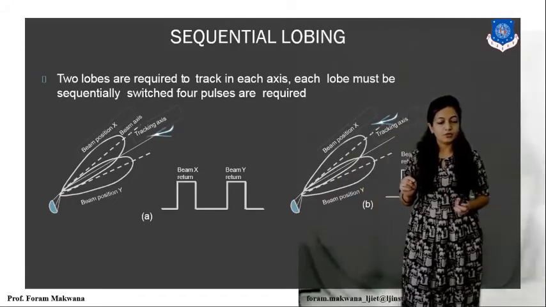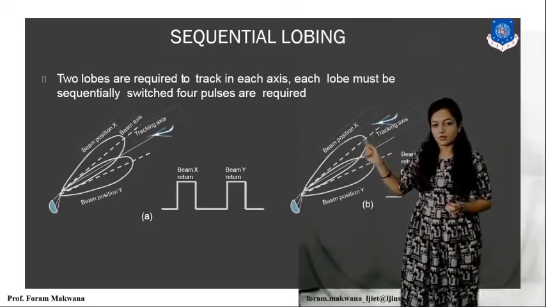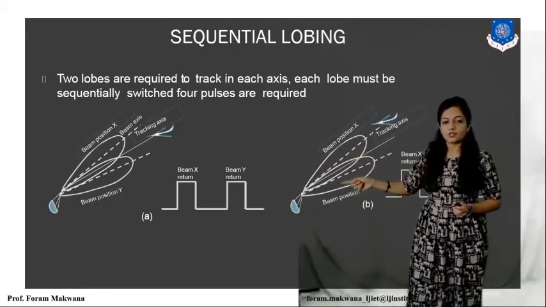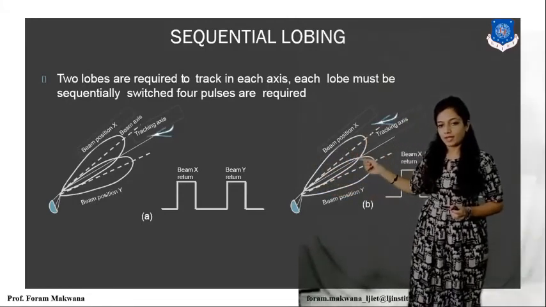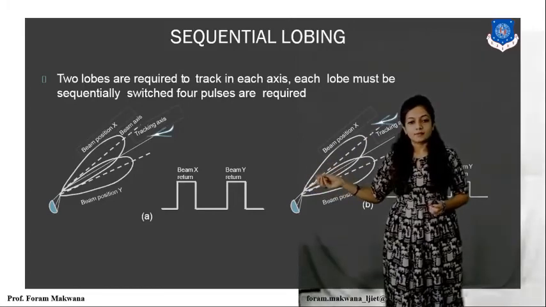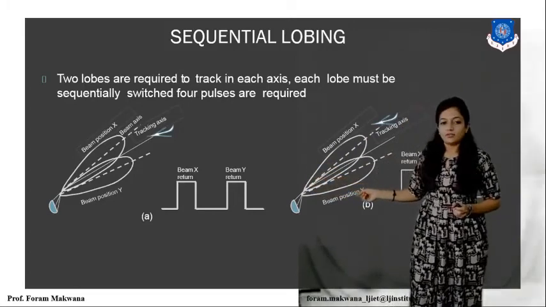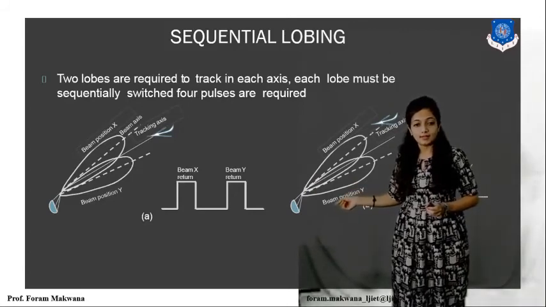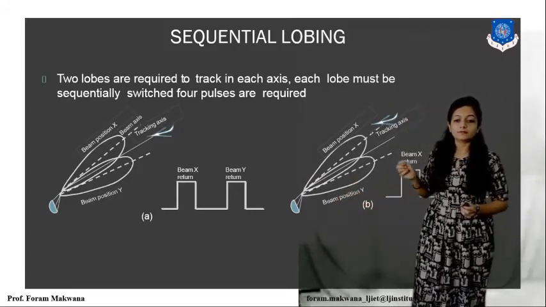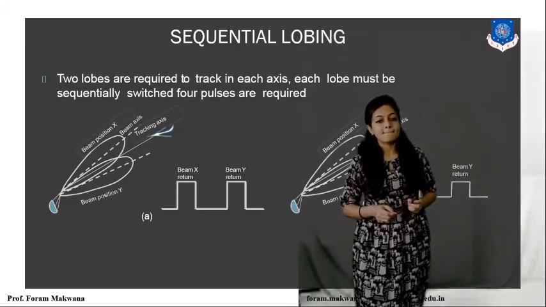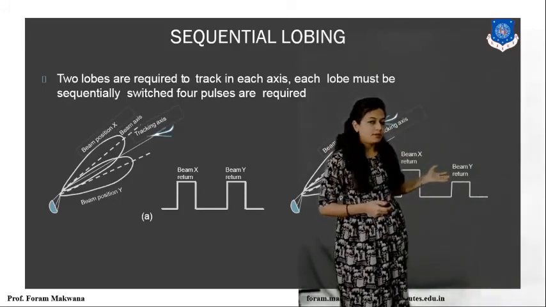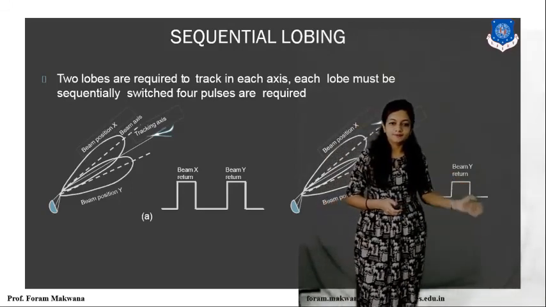If we need to transmit the signal for beam X and beam Y, first we transmit beam X, then after some time we get the return signal for beam X. Then we transmit beam Y and we need to wait for the return signal for beam Y.